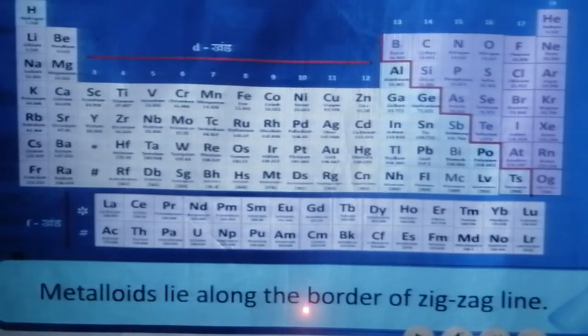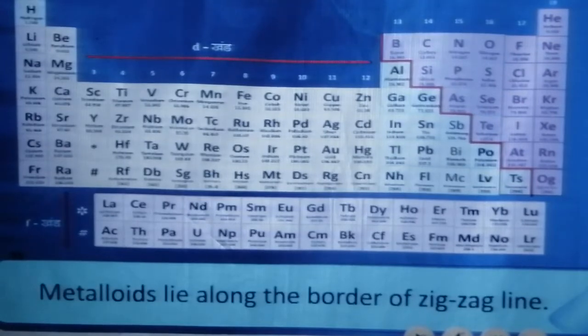Metalloids lie along the border of the zigzag line. This is the metalloids: antimony, arsenic, silicon. These are exactly on the border of the zigzag line, that is called metalloid. What are the metalloids?